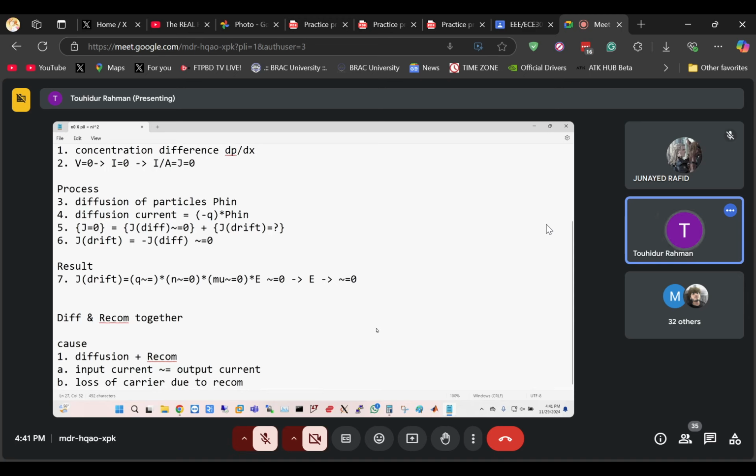So 1b describes the recombination, the loss of carriers.